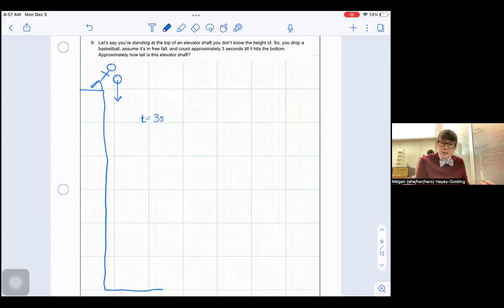We know that this is a case of free fall, so we're going to get to assume the acceleration due to gravity. Now, it's 9.8 meters per second squared downwards. That means now it's time for us to assume something about a coordinate system. So I'm going to call the ball's drop height 0 meters, and I'm going to say that downwards is positive.